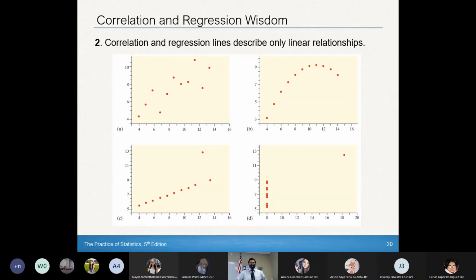If you think B will have the largest value of R, raise your hand. If you think C will have the highest correlation, raise your hand. And if you think D will have the highest correlation, raise your hand.